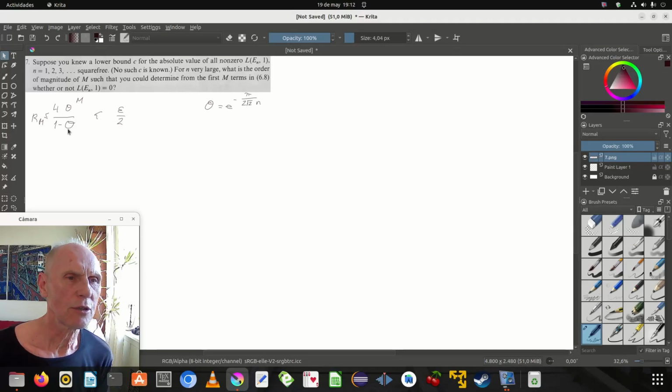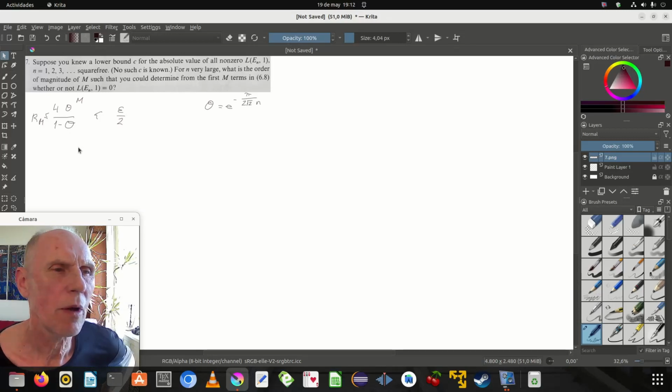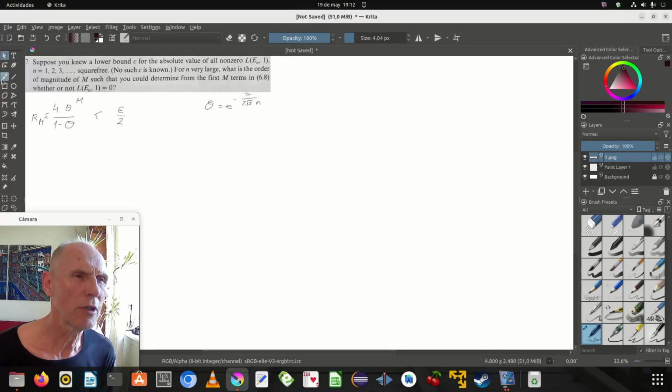So we just solve this for m. That's not so simple though. This is approximately pi divided by 2 square root 2n.